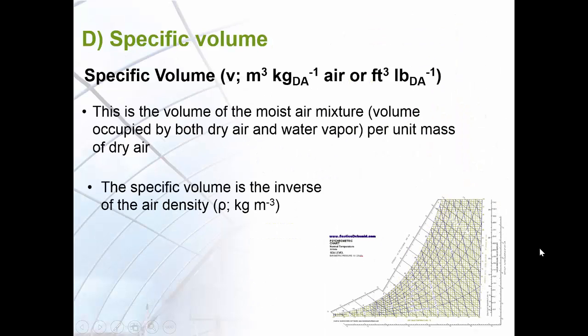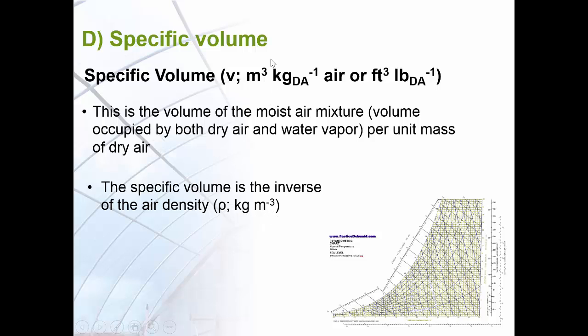The specific volume is the volume of the moist air per unit of dry air basis. This is the volume occupied by both dry air and the water vapor. In other words, this specific volume is the inverse of the air density. The density is shown with kilograms per cubic meter basis, as opposed to specific volume.